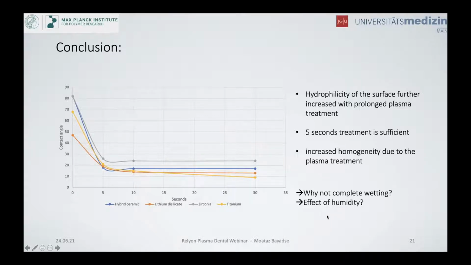But we still have questions: why don't we have complete wetting, and does humidity affect our experiment? Those questions we are going to answer in further studies.